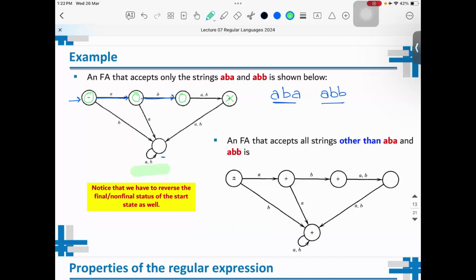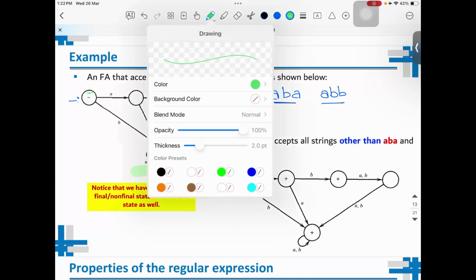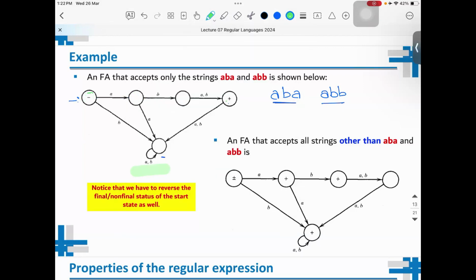This one we will also make final. So this is my initial, and this will be final as well. This will be final, final, and final. However, this will not be a final state. Notice that we have to reverse the final and non-final status of the start state as well.